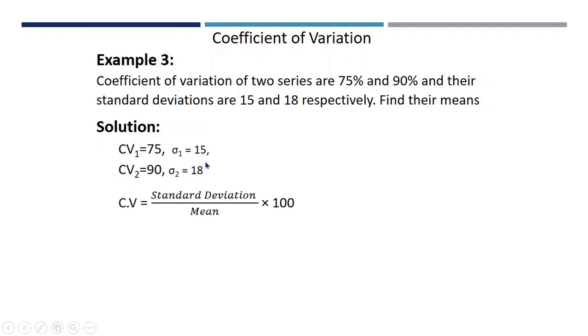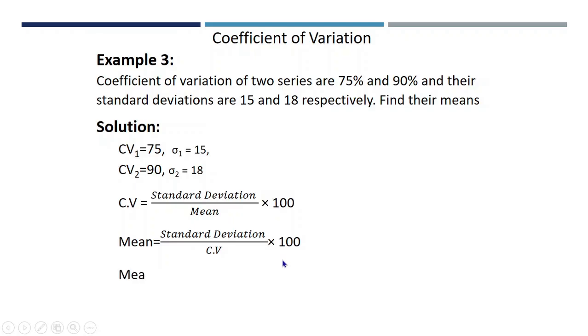So we have the formula: coefficient of variation is standard deviation by mean into 100. We are given the coefficient of variation and the standard deviation, so from this we can calculate the mean as standard deviation divided by coefficient of variation into 100.